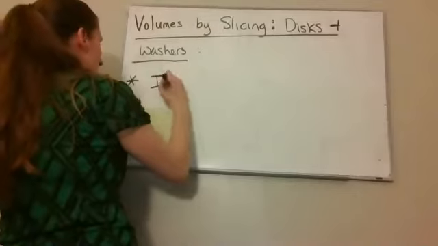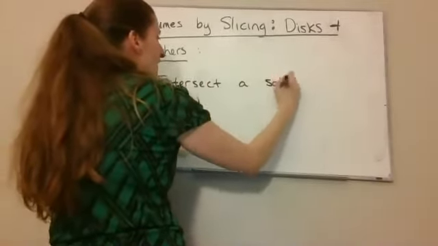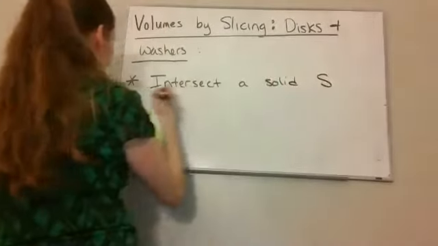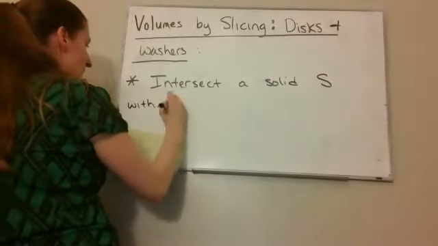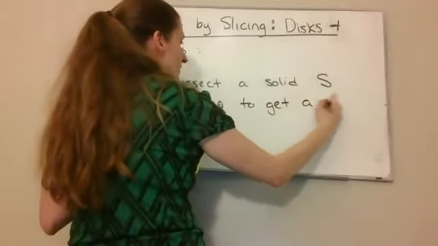So our idea is we are going to intersect a solid that I'm going to call S with a plane to get a cross section.